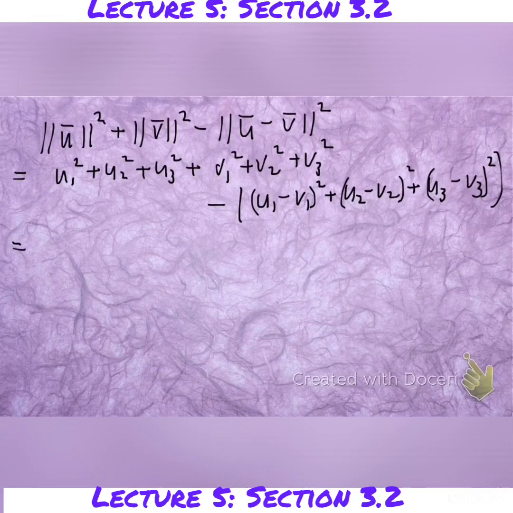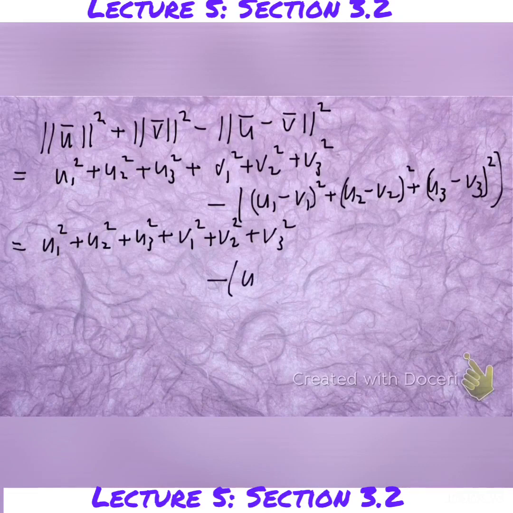Okay, and then doing some simplification, you're left with u1 squared plus u2 squared plus u3 squared plus v1 squared plus v2 squared plus v3 squared. Okay, minus, so you've got your square terms there, u1 squared plus u2 squared plus u3 squared.